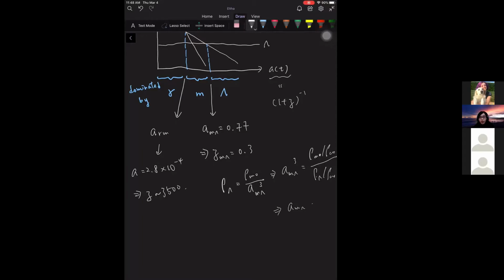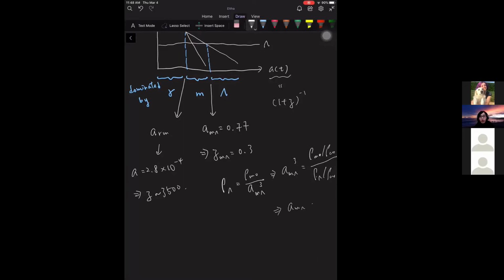You mean you know how to find a, but you don't know how a is converted into z? Yeah, a is equal to (1 plus z) to the power of minus 1. But after that, is there something we can do to convert the z into actual time?